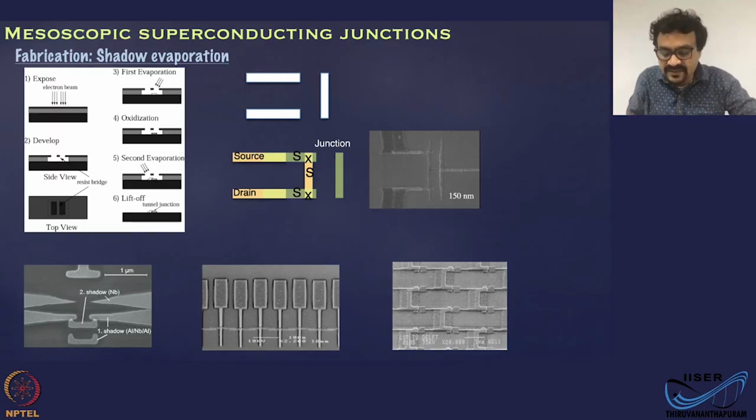So what you will get is, with one evaporation, this yellow shaped region.